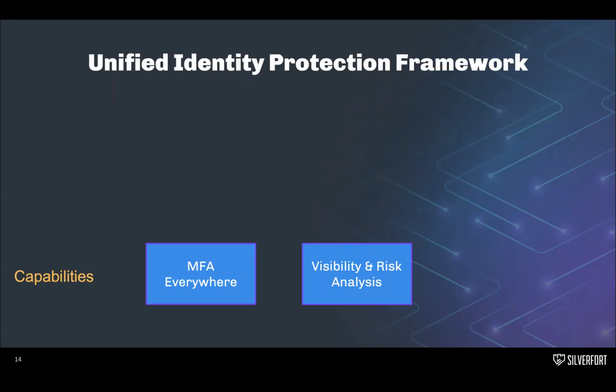The third building block is actually the result of combining these two, and this is risk-based authentication, right? We're taking the ability to assign a granular risk score to any access attempt, and we say, okay, from now on, if any access attempt exceeds a certain level that is configurable, that we can determine based on our policies and personal or organizational preferences, whenever the risk exceeds a certain level, require MFA.